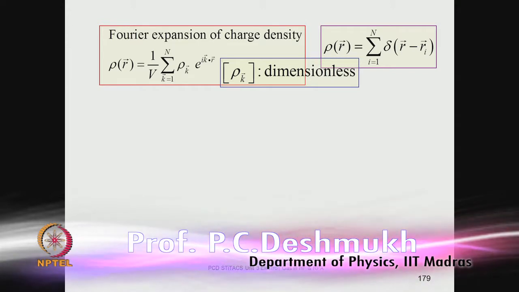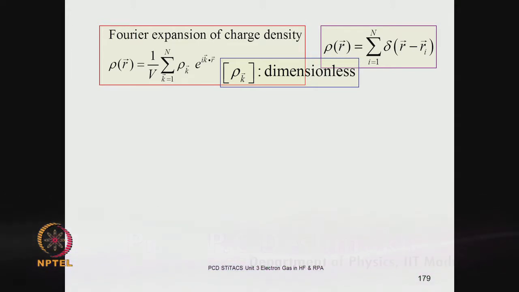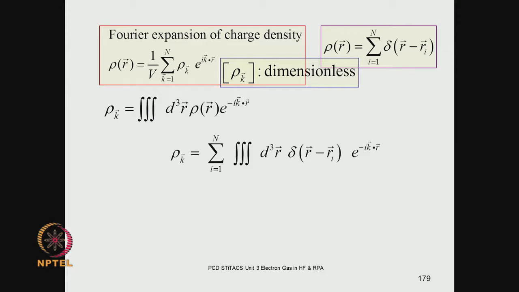So we had the Fourier expansion of the charge density, and we had the explicit expression for the Fourier components, which we know can be written as an integral over the delta functions because the charge density is a delta function.